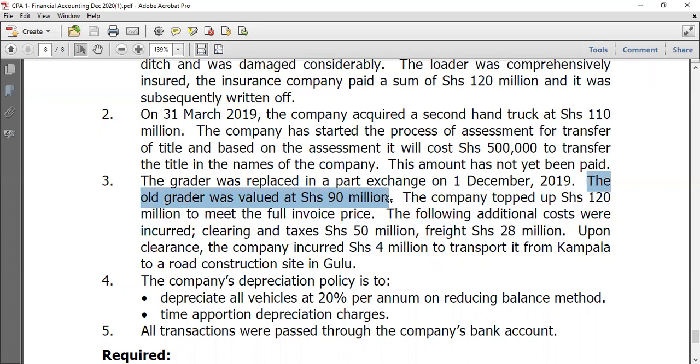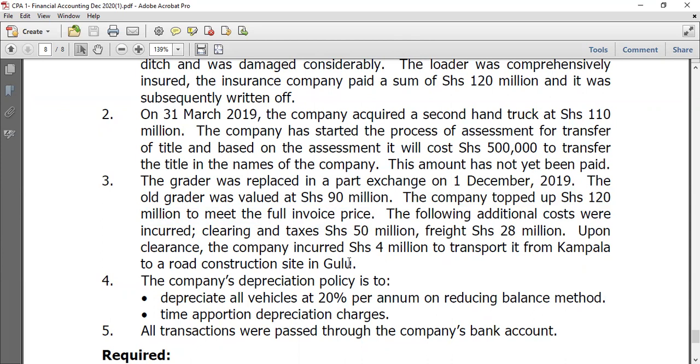Company topped up to meet the full invoice value. The following additional costs were incurred: clearing and taxes 50 million, freight 28 million. Then you're saying that upon clearance, the company incurred 4 million to transport it from Kampala to a road construction site in Gulu.